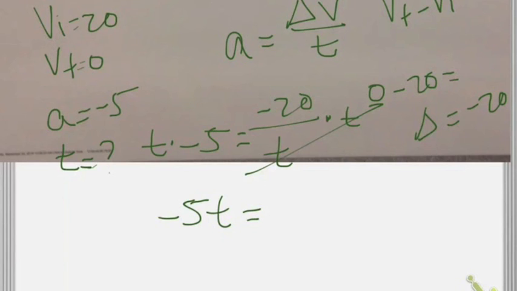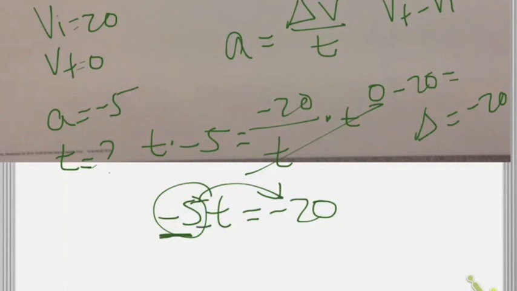-5t equals -20. Now we want to get t by itself, so we want to get this guy over here on the other side of the equation. And again, to do that, we do inverse operations. We do the opposite of what this number here is doing to this variable.